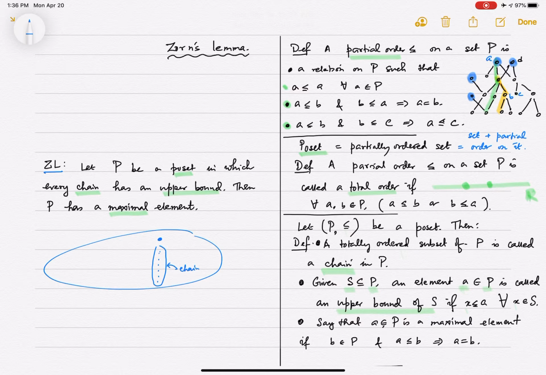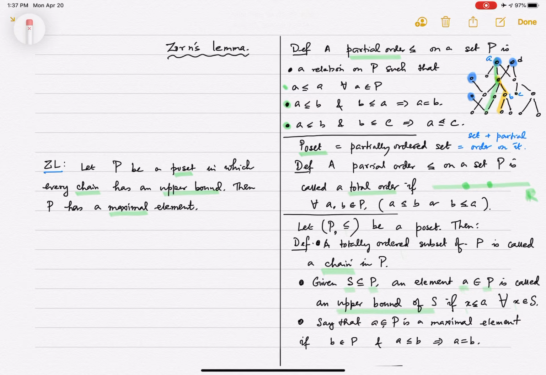That's the assumption. And then the conclusion is that P contains some element such that there is nothing strictly above it. And I don't know what your intuition about this statement is. I don't have a very strong intuition.